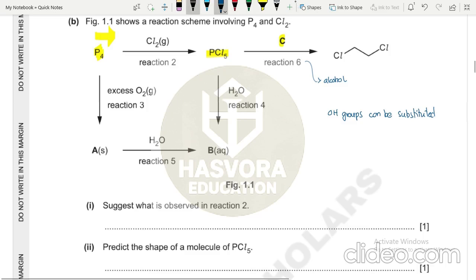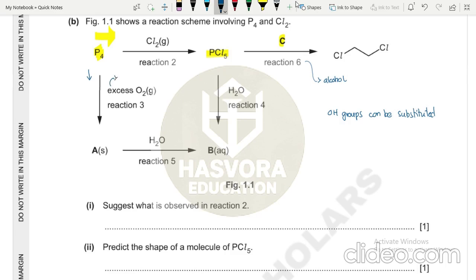Now let's have a look at the other reaction scheme, in which the phosphorus is reacting with an excess of oxygen. Now this point is very important because whenever they say excess of oxygen, this means that whatever oxide it is going to form, it is going to be in its highest oxidation state.